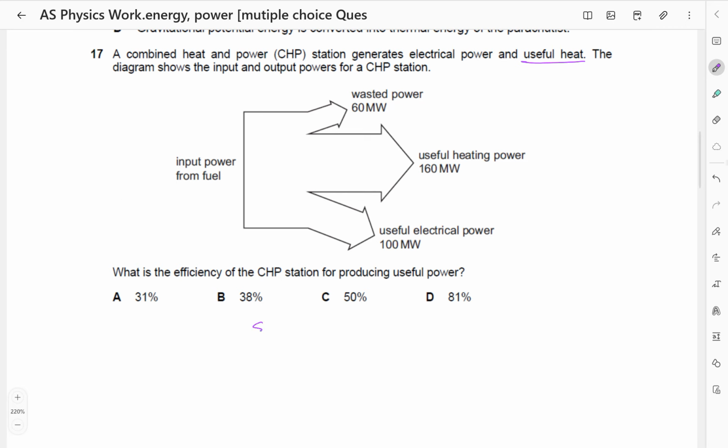So we know that efficiency is equal to the useful power output over the total power input. So 160 megajoules is useful, 100 is also useful, so the useful power output is going to be 100 plus 160. Then this is useless, so the total power input is going to be 60 plus 100 plus 160.